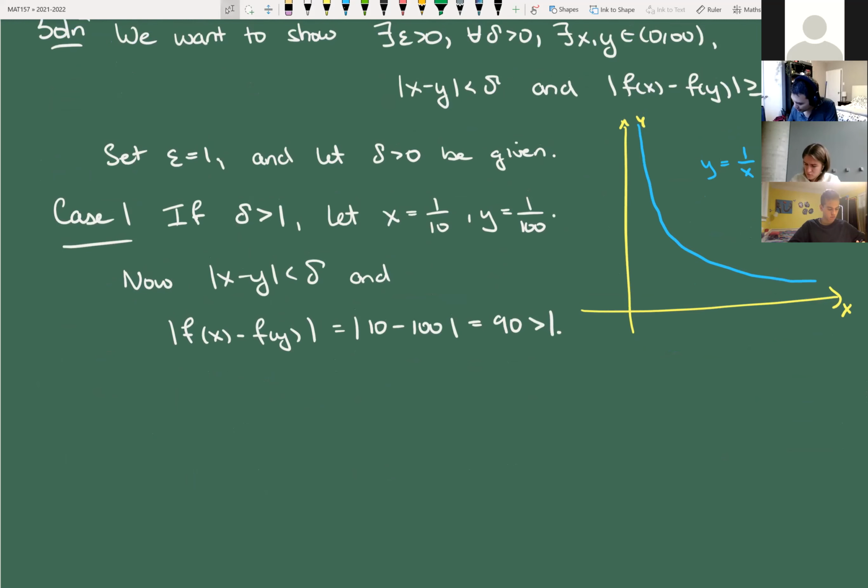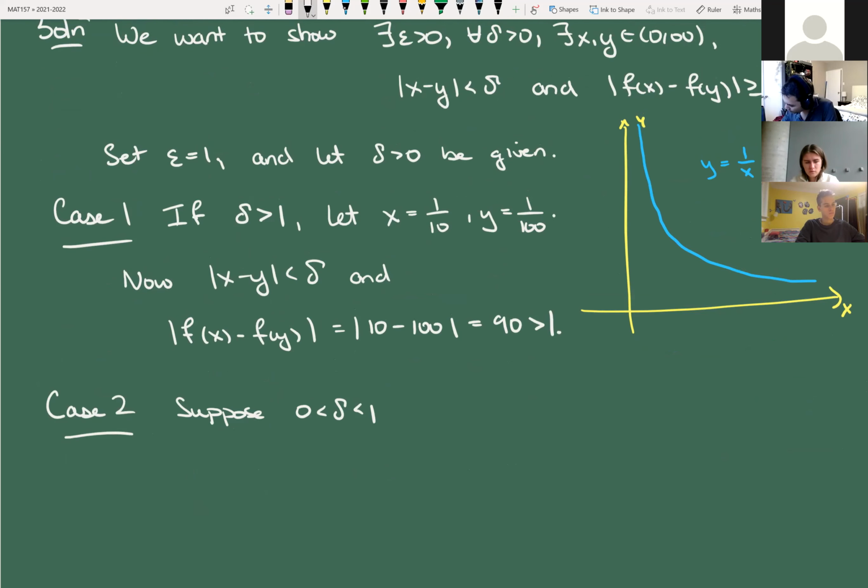Now, the trickier thing happens when delta is not bigger than 1. So suppose 0 is less than delta is less than 1. Now, here's the issue. When delta was bigger than 1, my argument was I can choose 2 numbers which are arbitrarily close to 0. The trickiness when delta is less than 1 is delta could actually be really, really small.